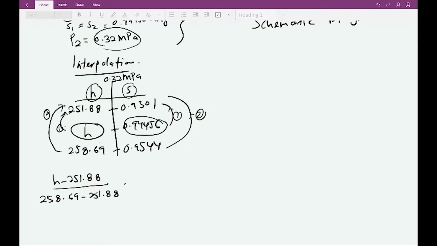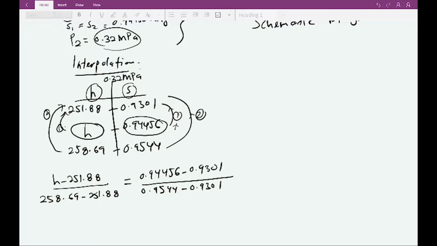Okay, so equal to, you take your first part, 0.94456 minus 0.9301, divided by 0.9544 minus 0.9301.